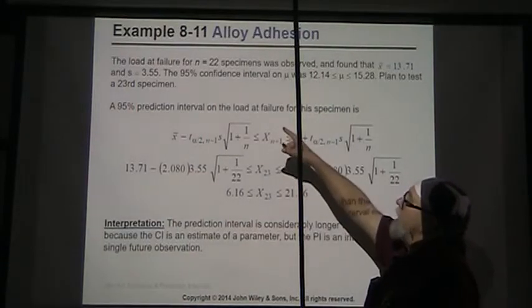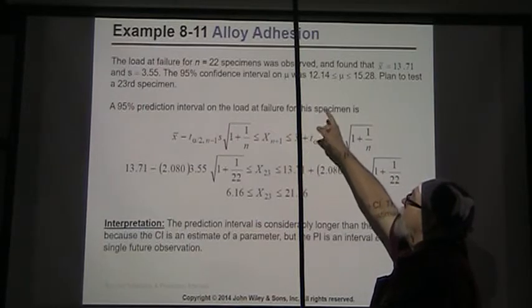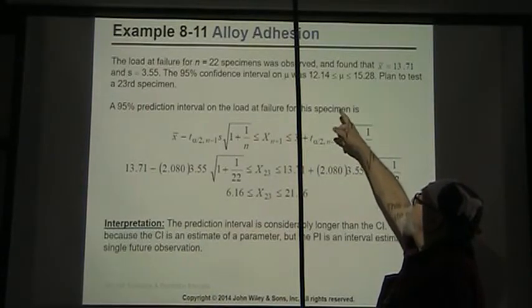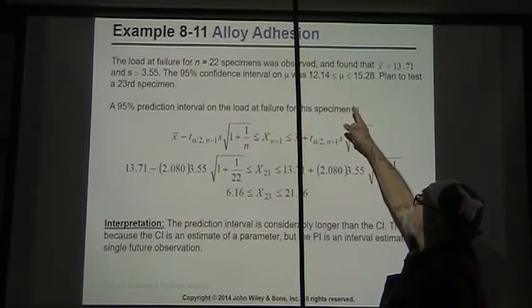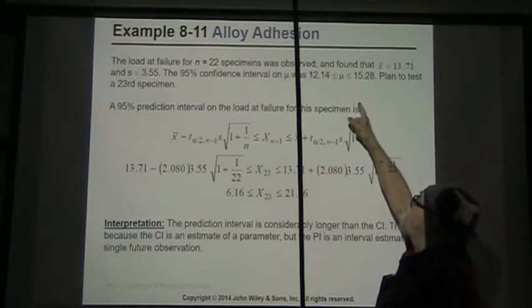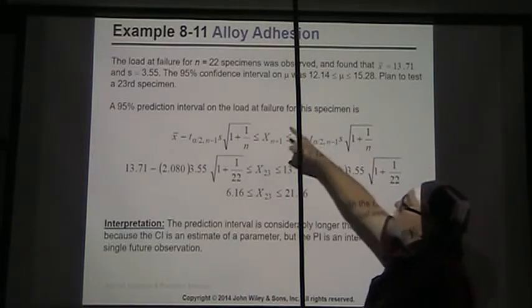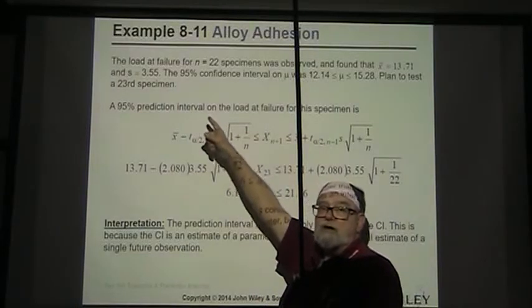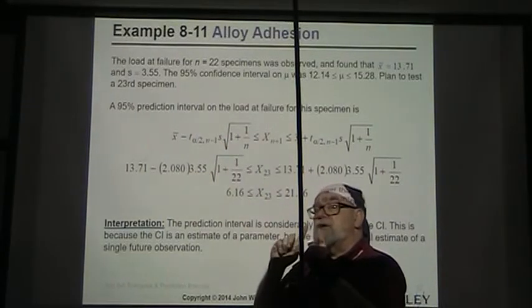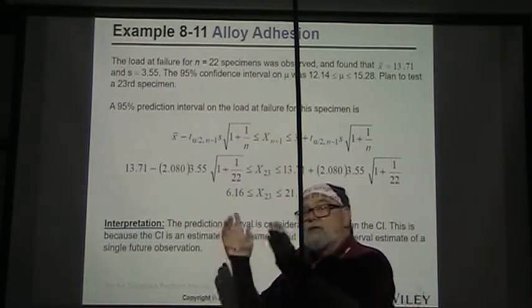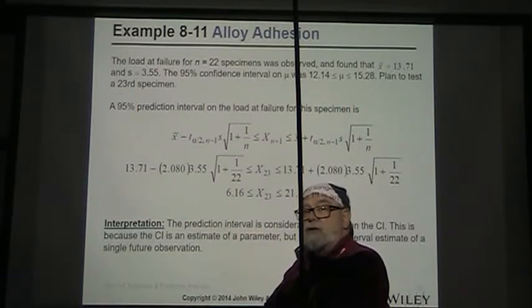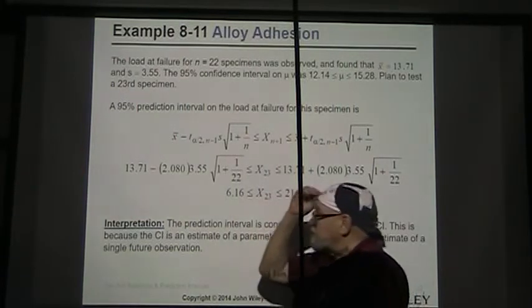The 95% confidence interval on mu was 12.14 less than or equal to our population mean less than or equal to 15.28. Plan to test a 23rd specimen. So we're going to predict what interval that is going to fall into.